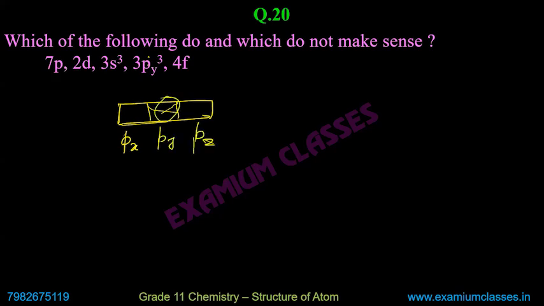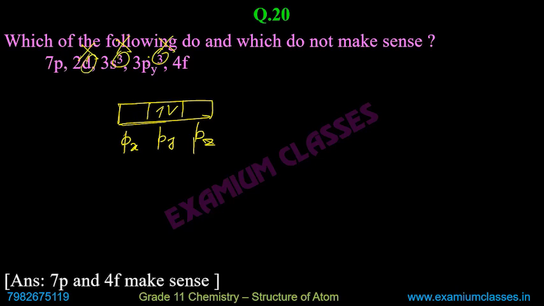So py has only 2 electrons, so it cannot have 3. Wrong: s cannot have 3. Wrong: 2 cannot have d. Wrong. So only 7p and 4f make sense. These three do not make any sense.